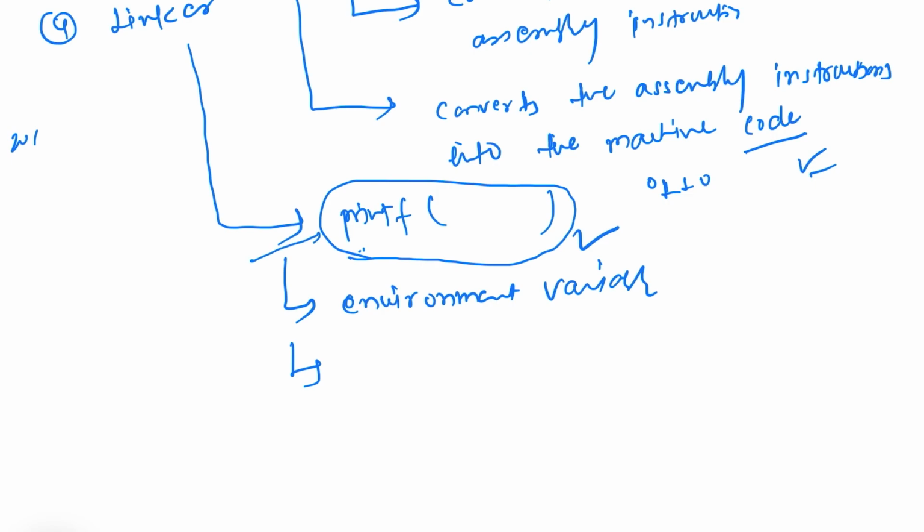Printf is a function, and now the definition is linked at the time of the linker. So before that, the printf statement content doesn't execute, or it doesn't convert into any instructions. This is one important role of the linker.